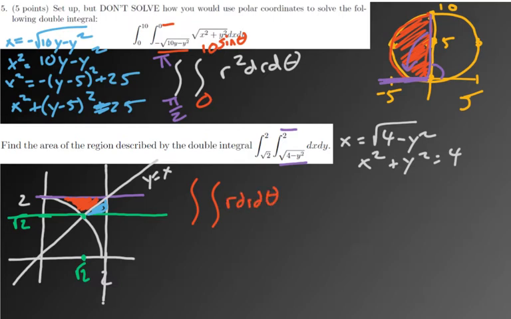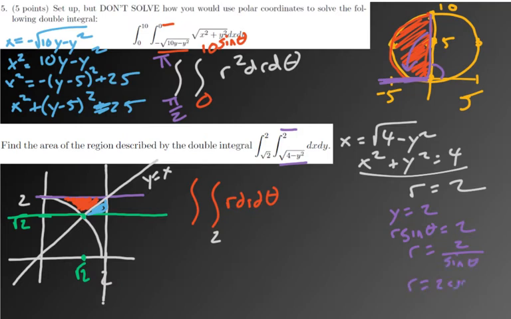For r, you're going from the circle, which is r equals 2, out to this purple line, the horizontal line y equals 2. y is r sine theta, so r sine theta equals 2. So then r is 2 over sine theta, or r is 2 cosecant theta.